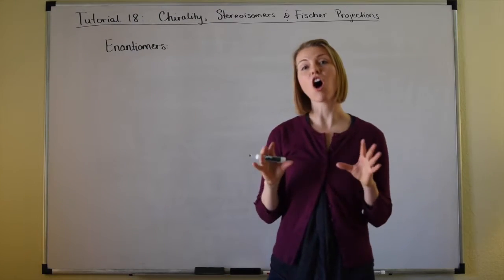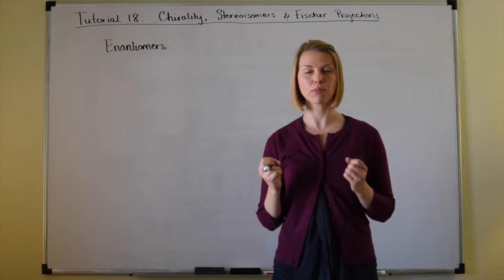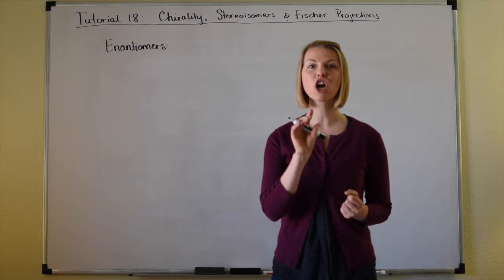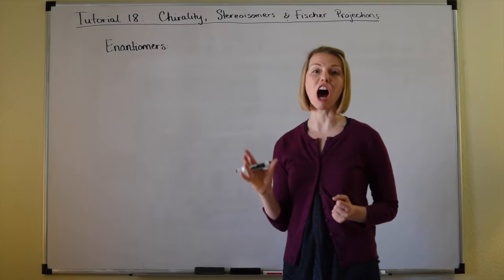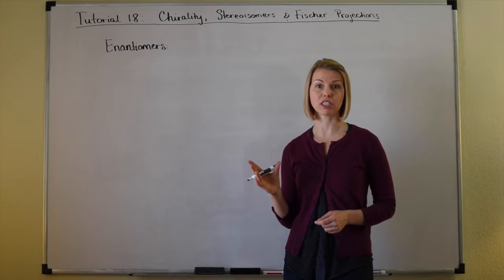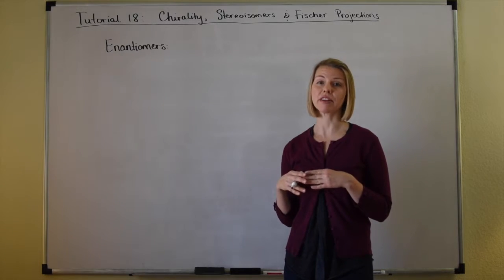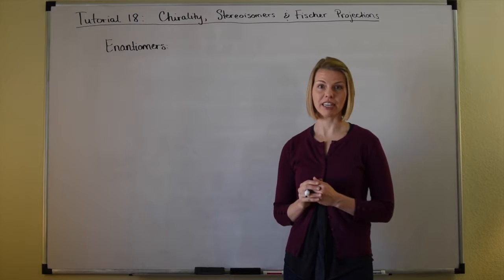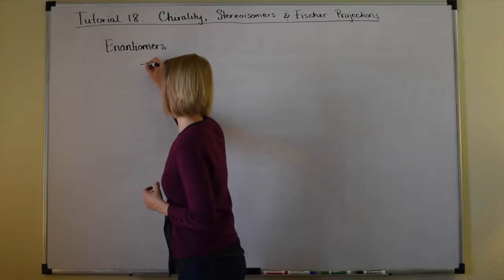Enantiomers will have all of the same chemical properties, except when they're reacting with other chiral compounds, in which case they can behave very, very differently. So we're going to write that up here on the board.